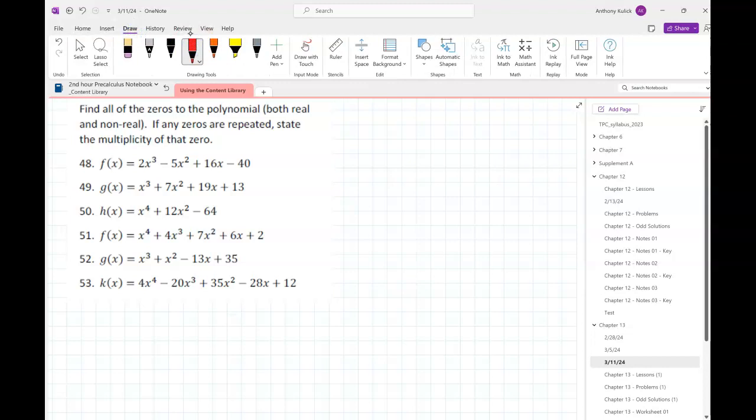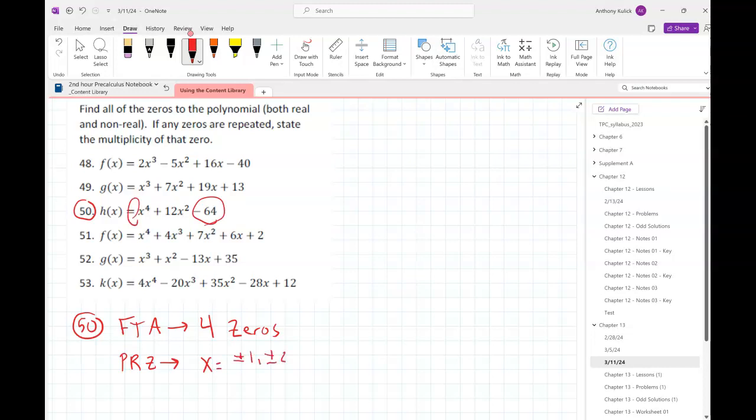All right. So if I look at 50, first thing I can do is by the fundamental theorem of algebra, I know I'm looking for 4 zeros. My possible rational zeros are going to be of the form the factors of 64 divided by the factors of 1.